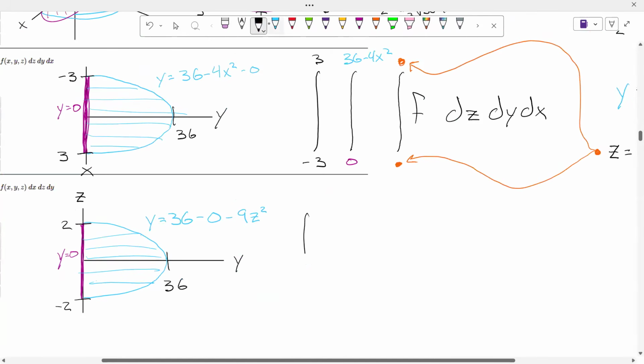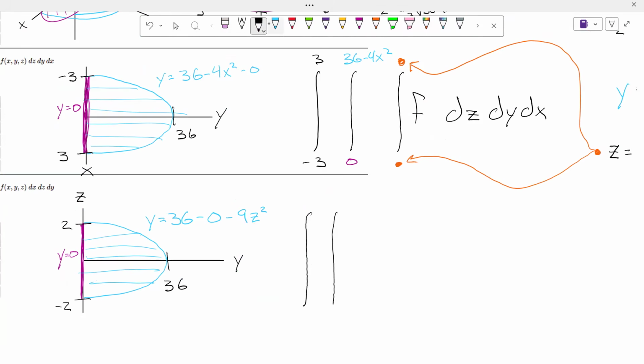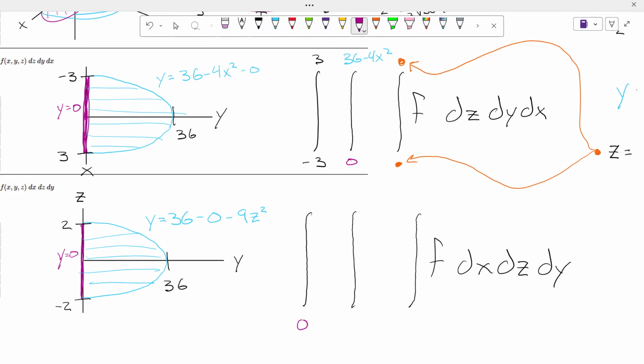And if we go to get yet another triple integral, but with new limits, f dx first, then it looks like dz and then dy. Well, y finally gets the easy slot. It's from 0 to 36.